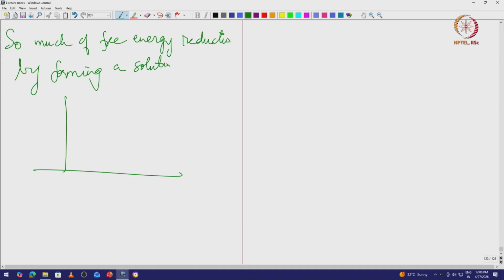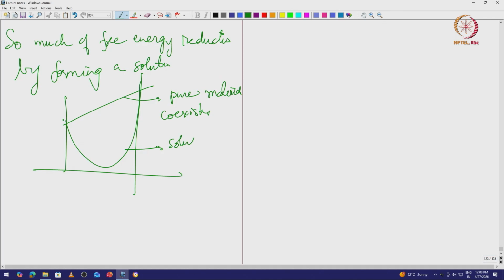So, I will form a solution, right, and so this is pure materials coexisting, and this is a solution, right, and at any given x2, right.